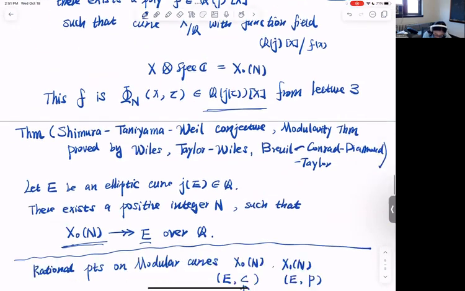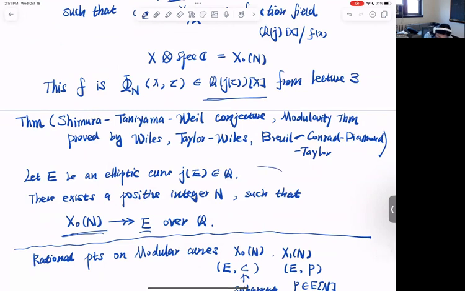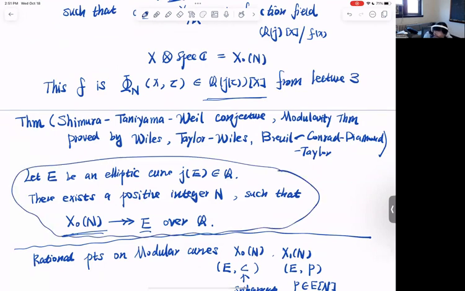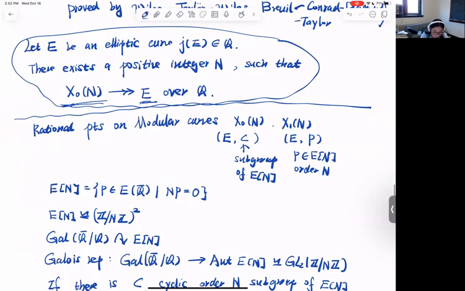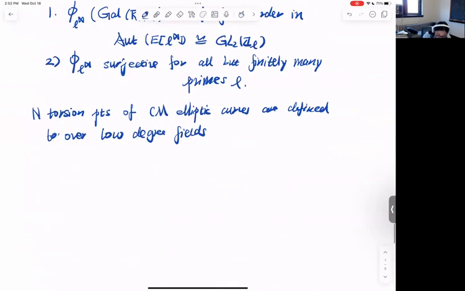So the idea is I want to construct rational points on E, and I do that by constructing rational points on the modular curve X naught of N. And how do I construct rational points on X naught of N? I take CM points. So let me just very quickly use 5 minutes to talk about Heegner points.